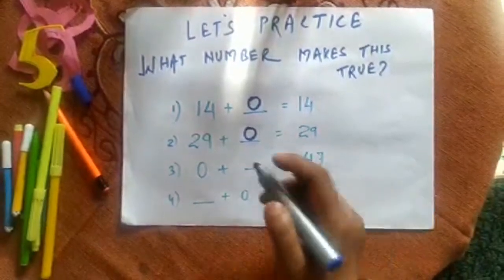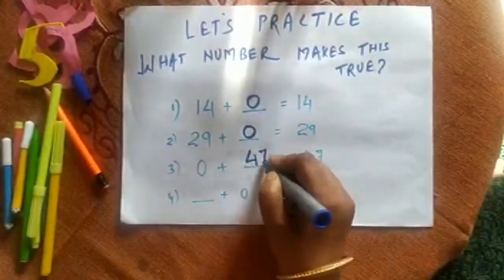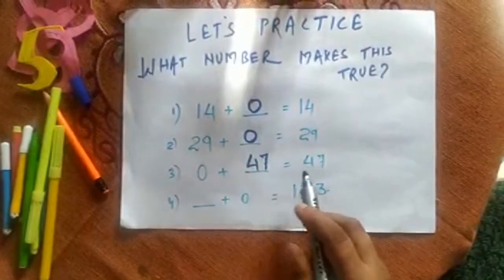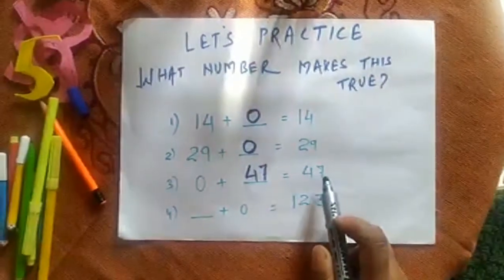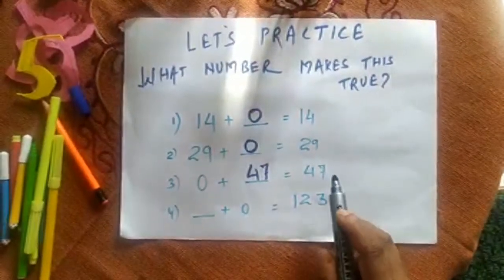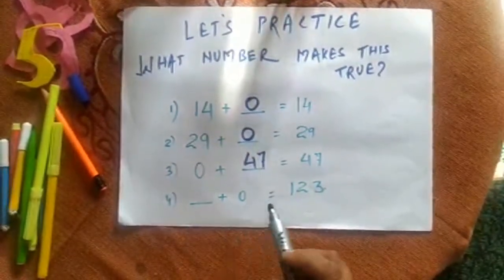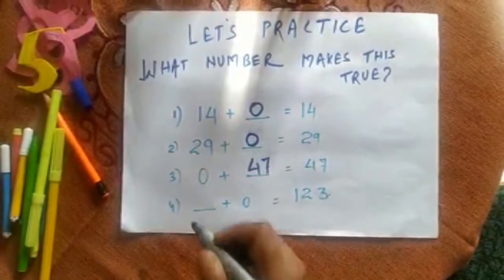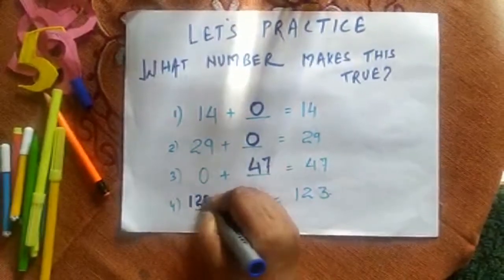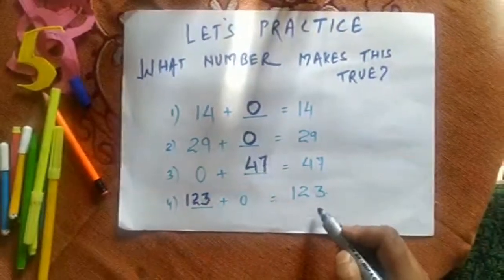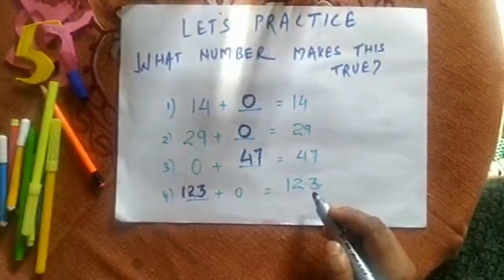When 0 is added with 47, the sum is equal to 47. Fourth, something added with 0 equals 123. If 123 is added with 0, then the result is 123.